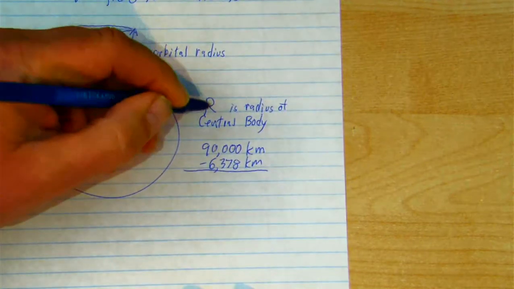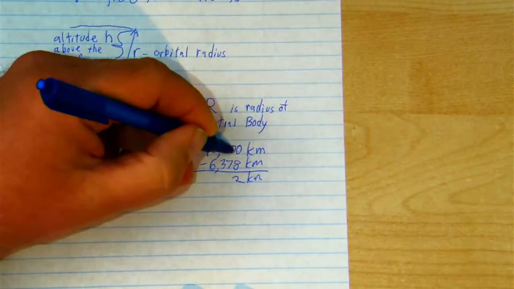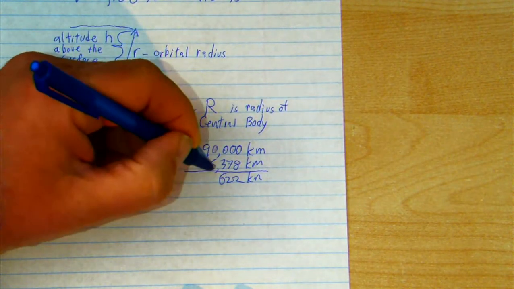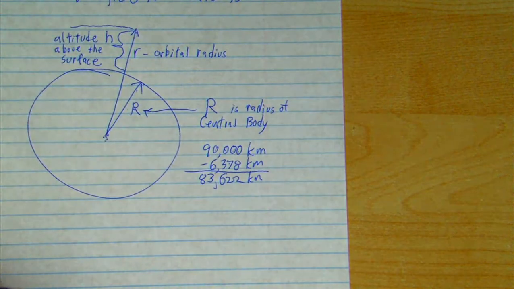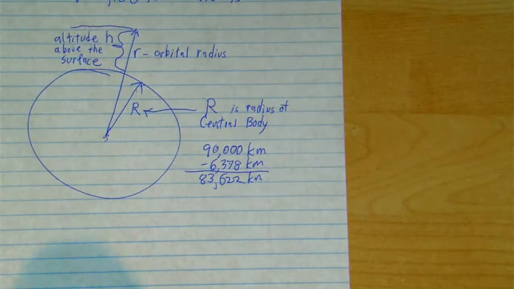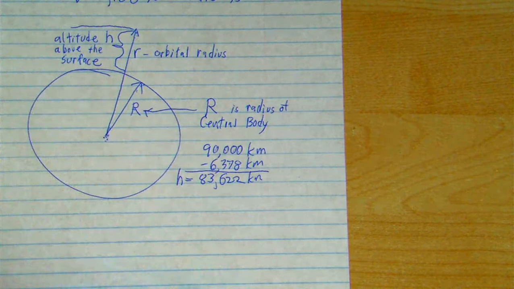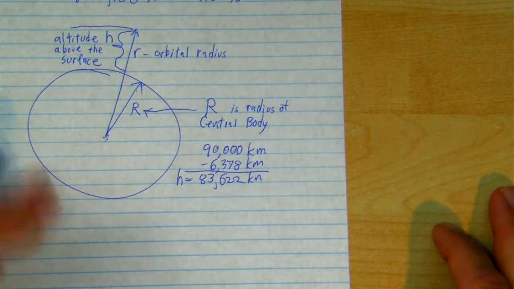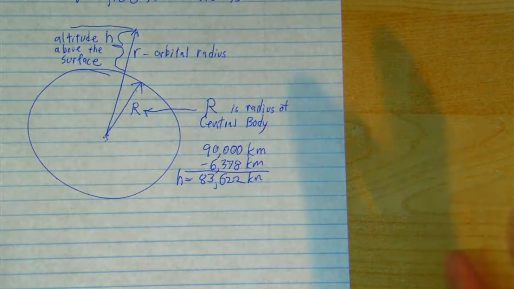So if I subtract, 9 minus 1 is 2, 9 minus 8 is 1, 9 minus 6 is 3, I get apparently 83,620 kilometers is the altitude of this satellite above the surface of the Earth. And here we're treating the Earth as a perfect sphere. We're using the average radius of the Earth.